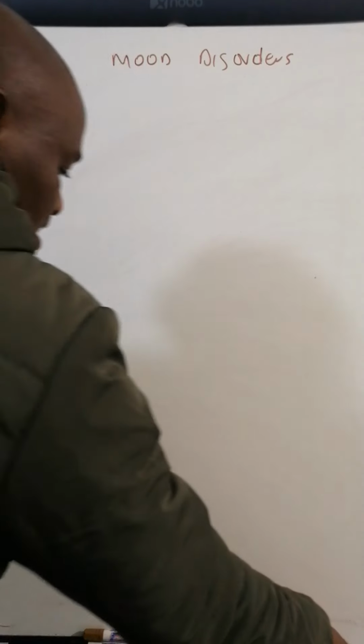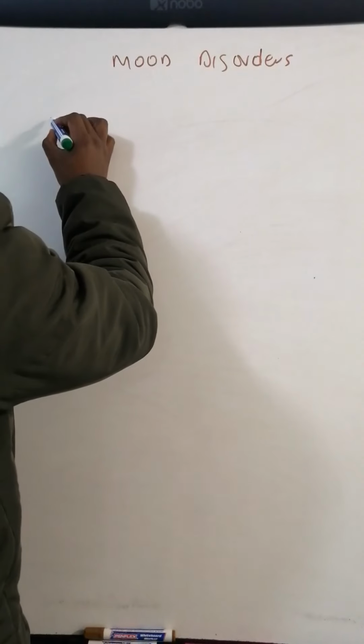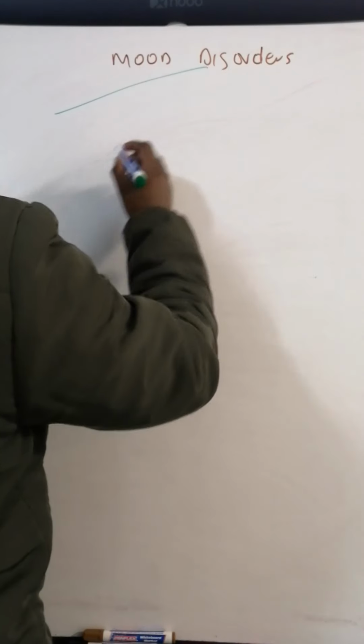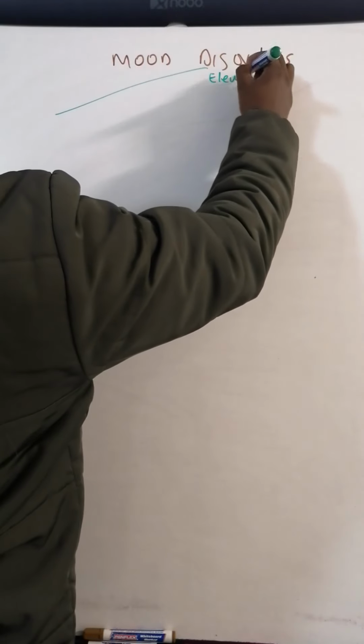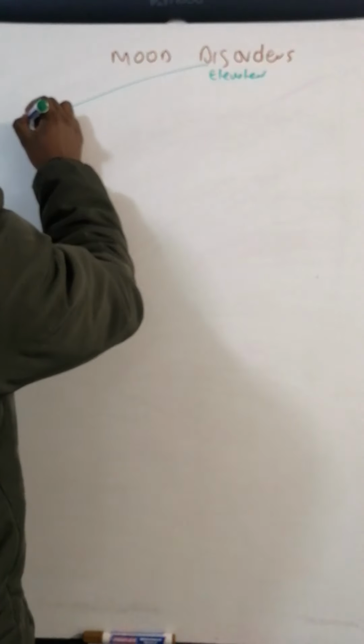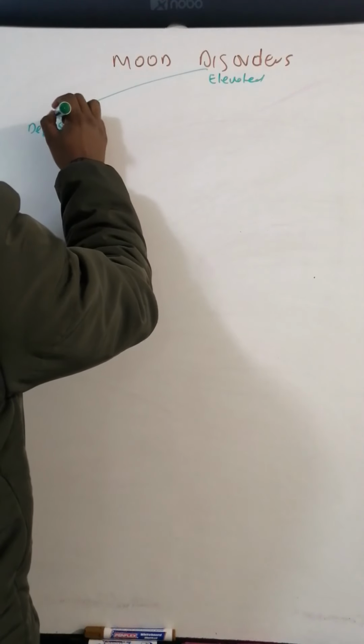This afternoon, as you have seen, we have started a new series on mood disorders, and we did explain that. I want you to visualize this. On this side we've got an elevated mood, and on this side we've got a depressed mood, right?